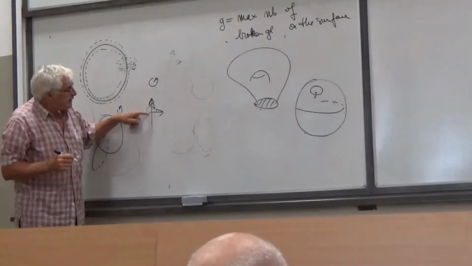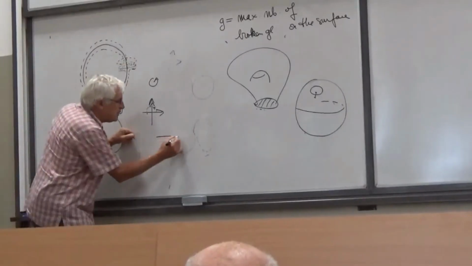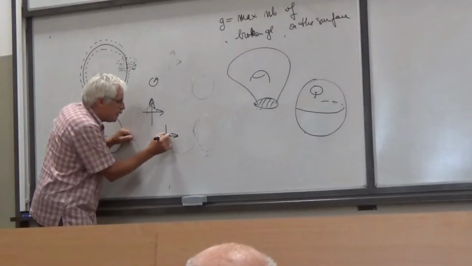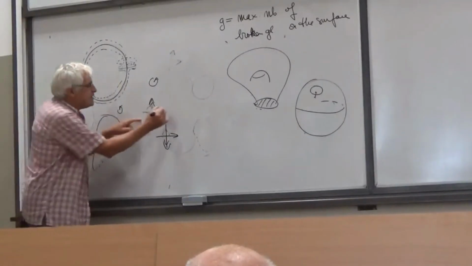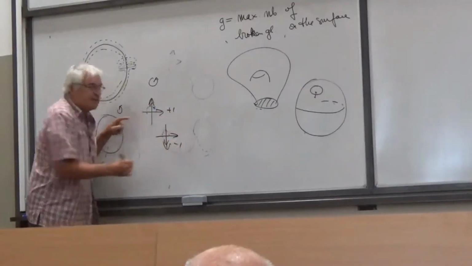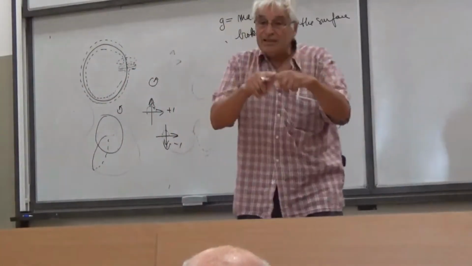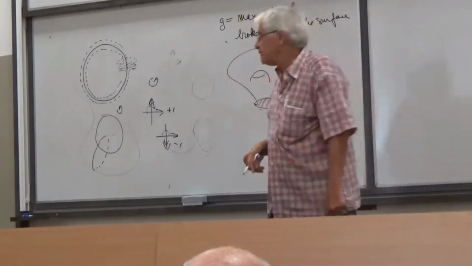It could be that they hit the second in the direction it goes, but it could also happen that I hit the second vector at the other end. In this case, I say plus 1, and in this case, I say minus 1. So when two oriented curves intersect, I can attach a number, plus or minus 1.